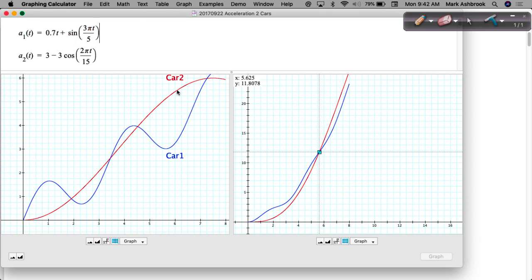I have the acceleration functions. How did we make the graphs of these functions? Can you write down in your notes what you would type into GC to define and graph these functions? Just as a review, where do the speed functions come from?